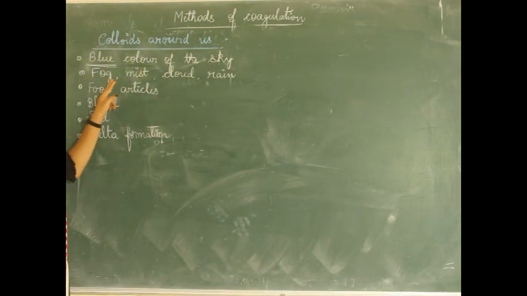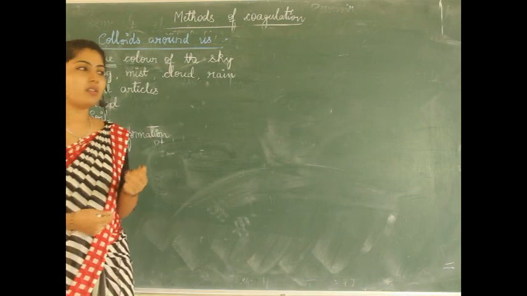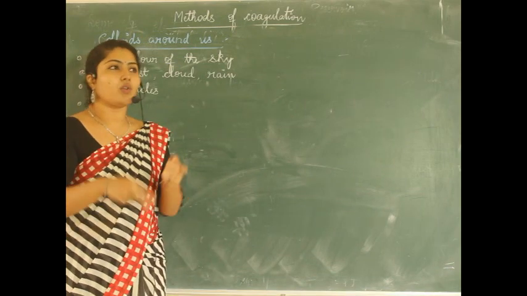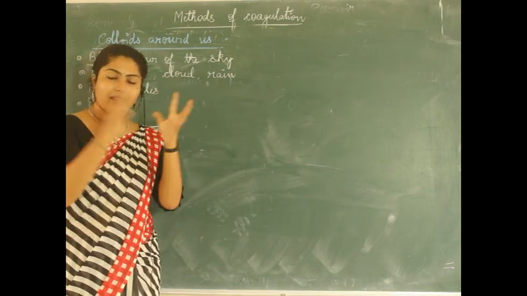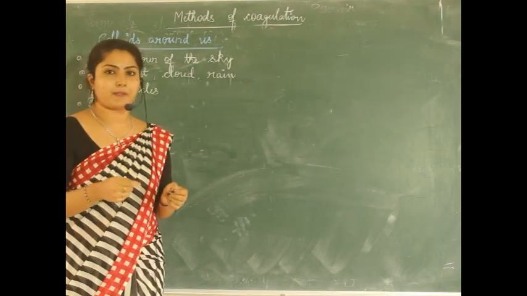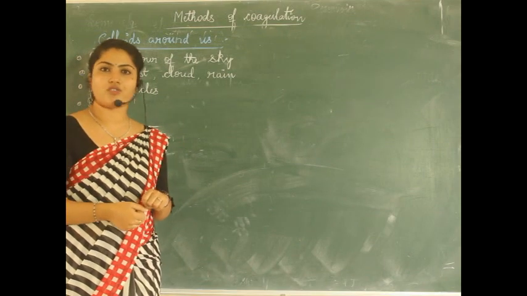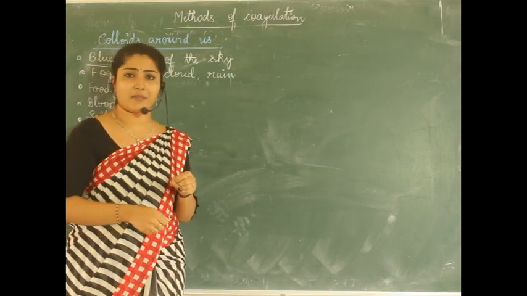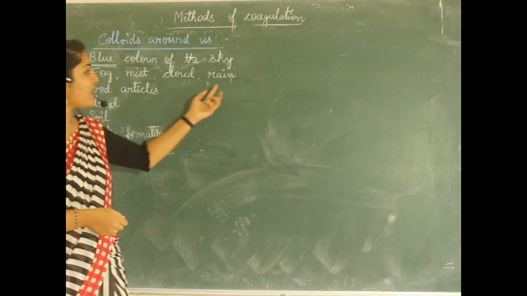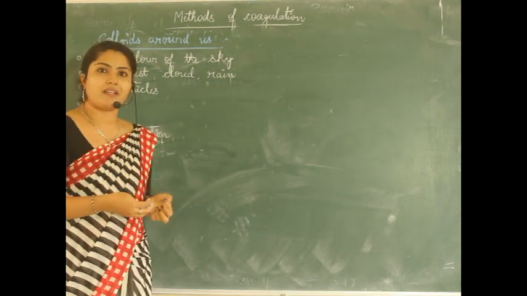Okay, next, fog, mist, cloud, rain. Fog or mist, you know, in the air, the water vapors are dispersed as different size particles. They are colloidal range particles which are dispersed. And how do you explain the formation of rain?